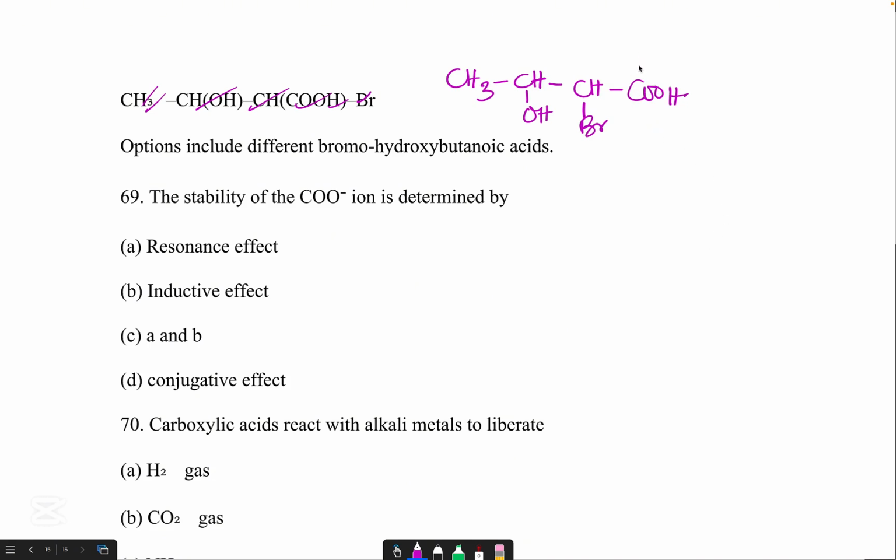If you number 1, 2, 3, 4, we have 2-bromo, then we have 3-hydroxy butanoic acid.